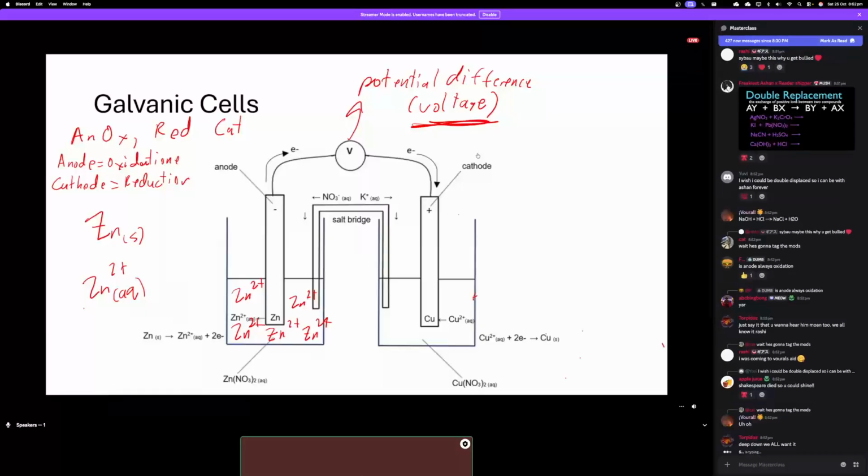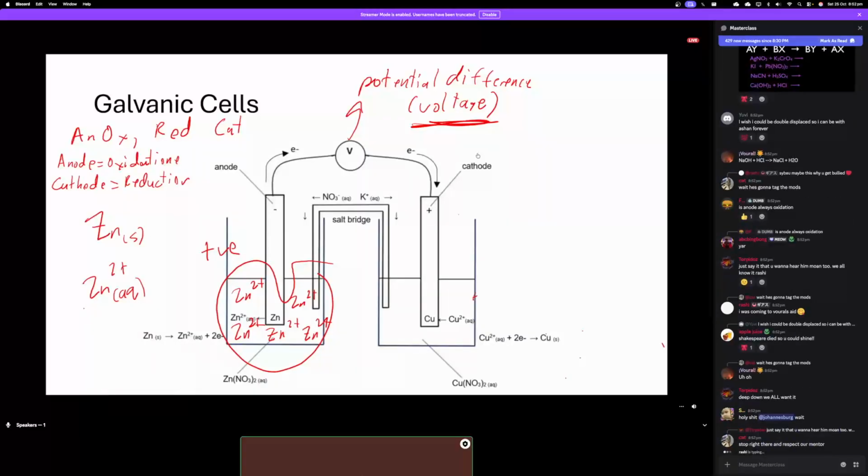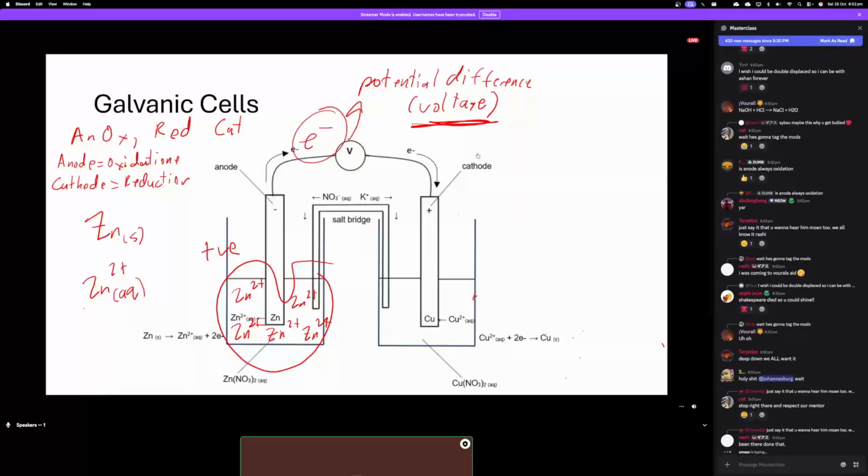What'll happen now is this solution is highly positive. Very, very positive. Then the electrons don't want to go this way anymore. Electrons are negative. They're attracted to positive charge. If this gets too positive, the electrons don't want to go. They just want to stay here, right?